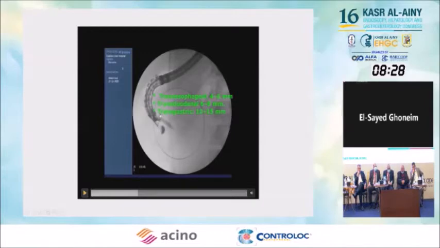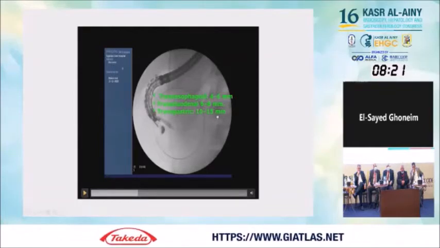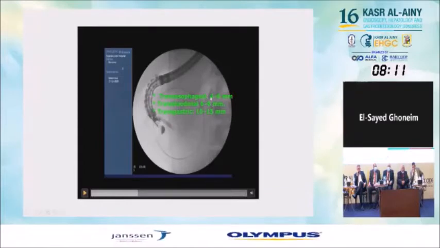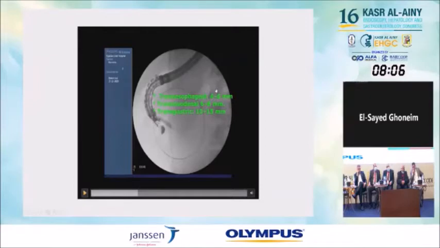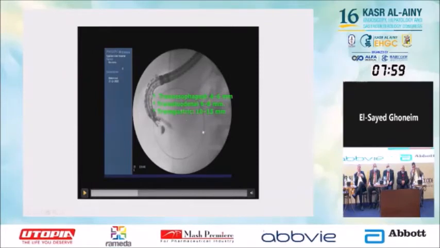If we do transgastric, which is the commonest and the preferred route, we can dilate to 10, 12, or up to 15 millimeters. This is for a plastic stent. If we decide to put a lumen-apposing or metallic stent, we dilate only 4 to 6 millimeters. So the size of the balloon depends on the site of the drainage.